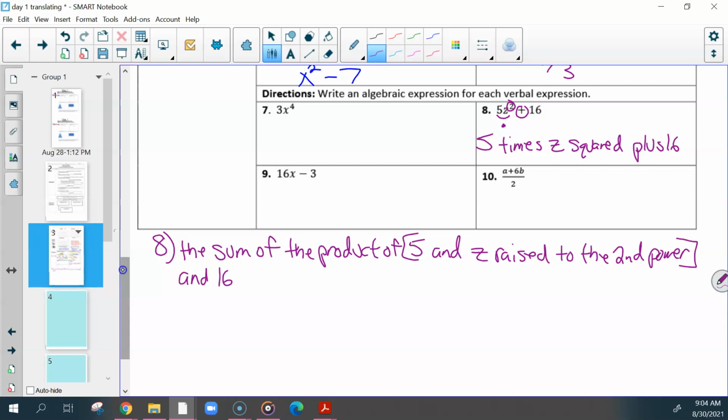So some variation of this or this is what you need. If you want to check to see would this work, just let me know. The reason I use sum of first is because overall both of these terms are being added together. That would need to come first before anything else.